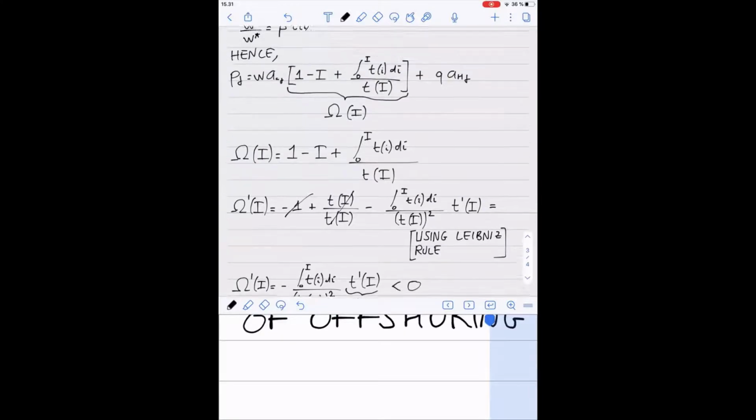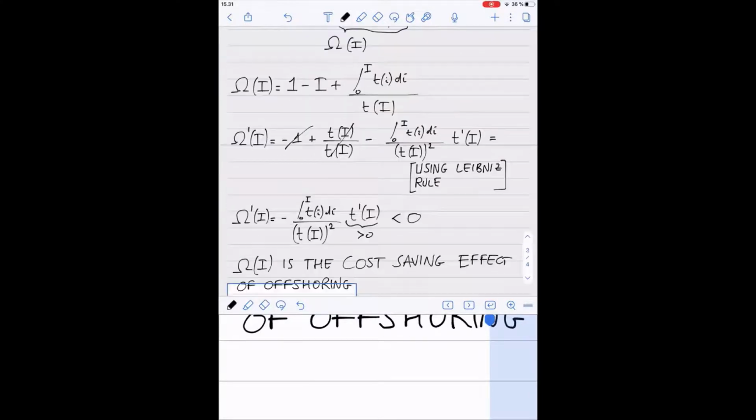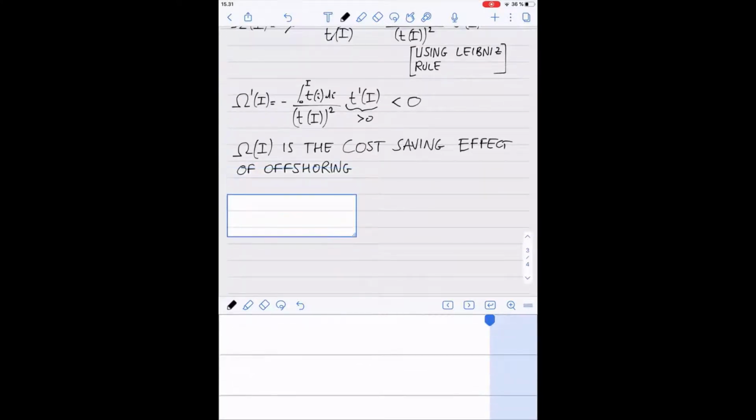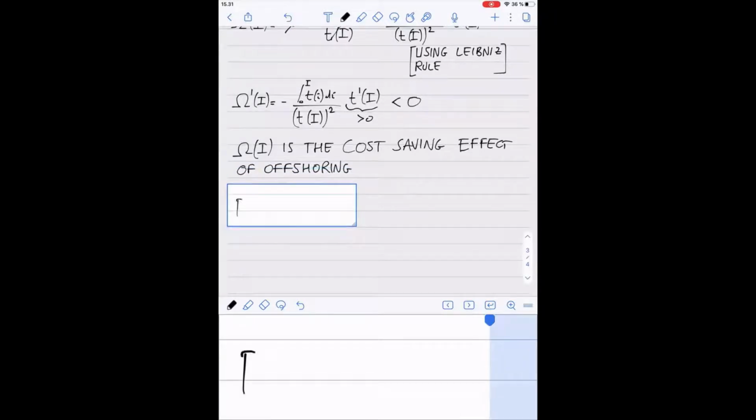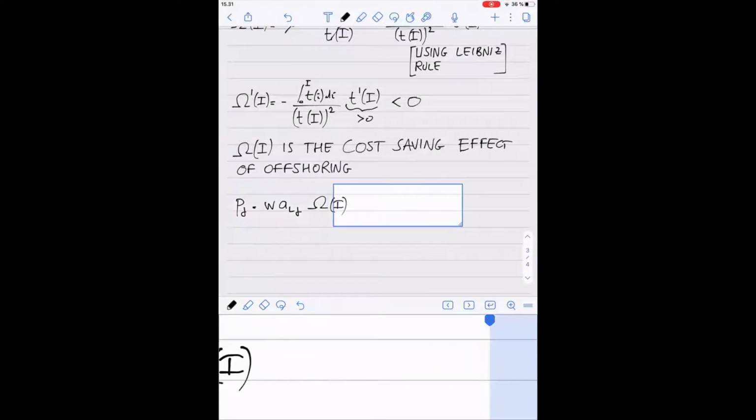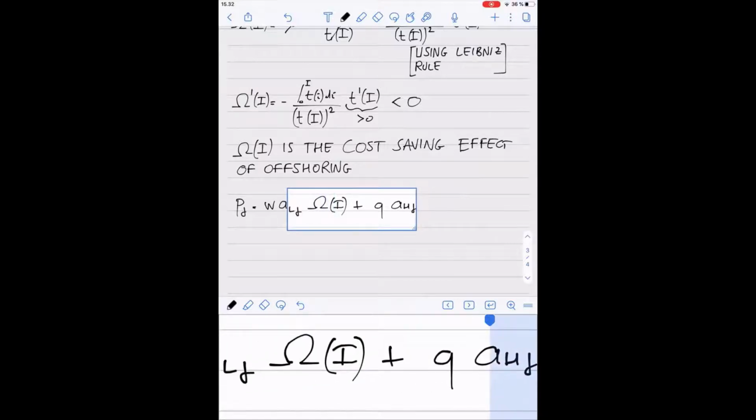Well, when we write our zero profit condition, we know that omega of I is less than 1.